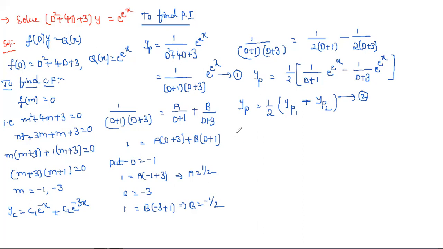Now yp1 equals 1/(D + 1) e^x, and this we can write as 1/(D - (-1)) e^x.